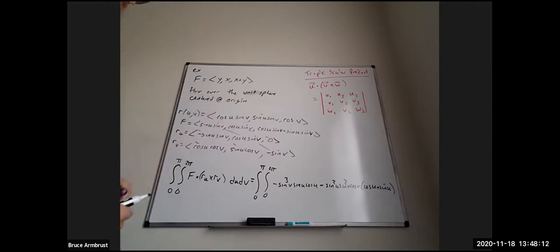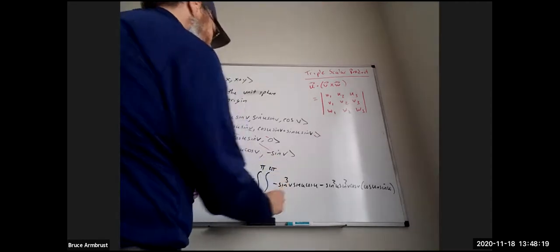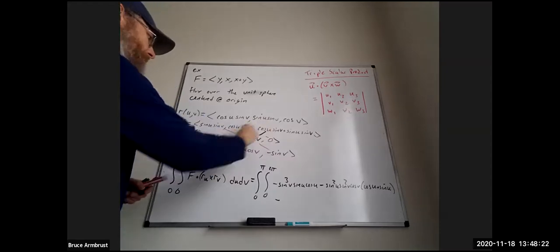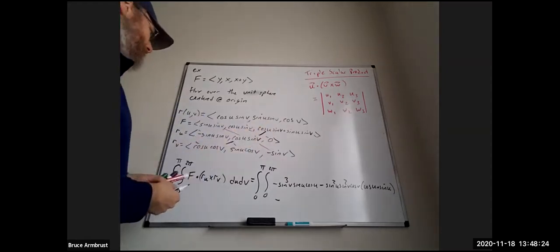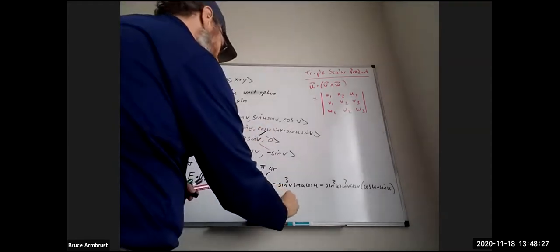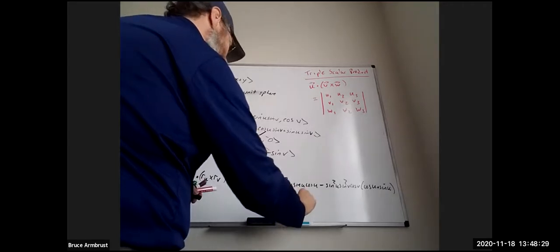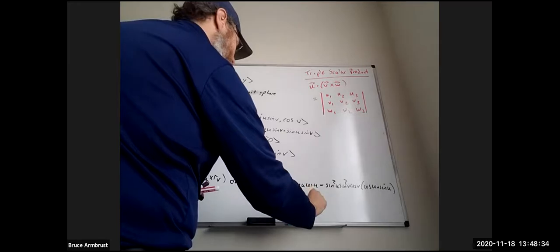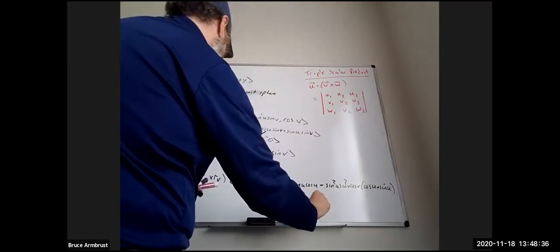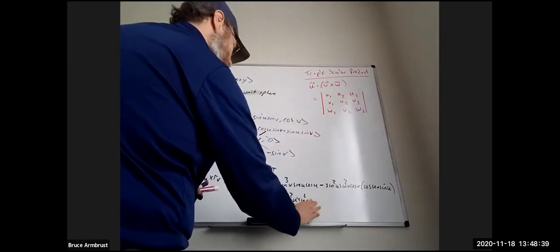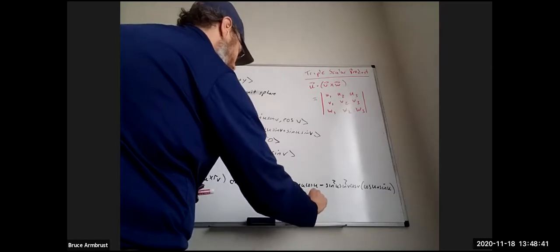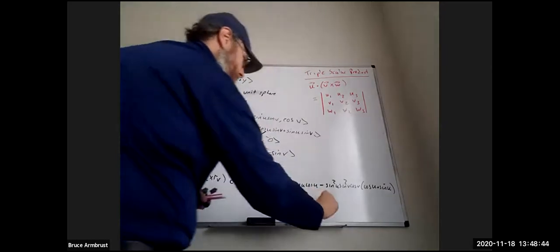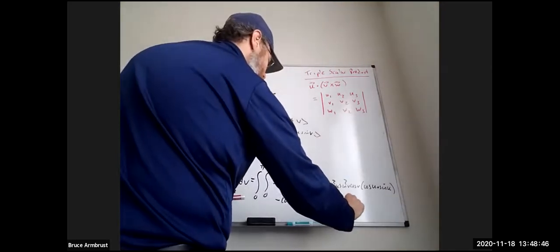Okay, and then I get to do my subtraction stuff. Well then I'm going to get a minus those three multiplied together, which is going to give me a cosine squared u sine squared v cosine v times cosine u plus sine u.